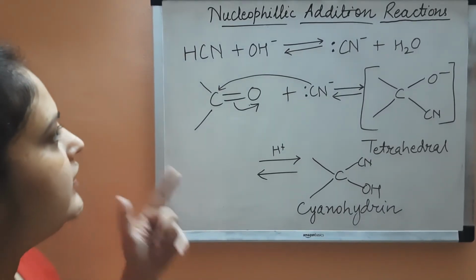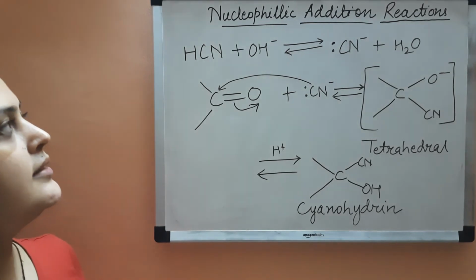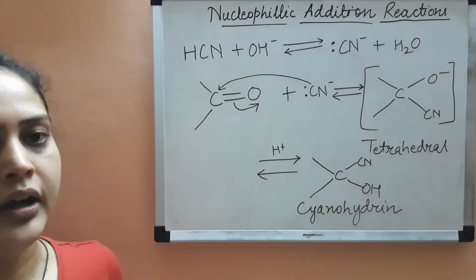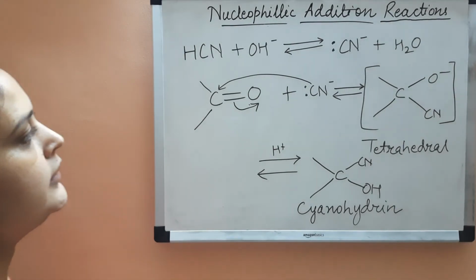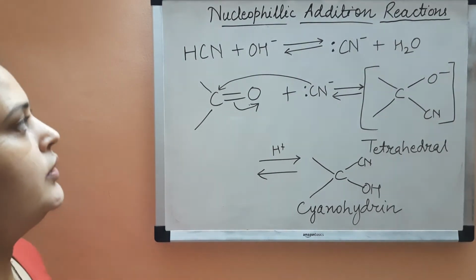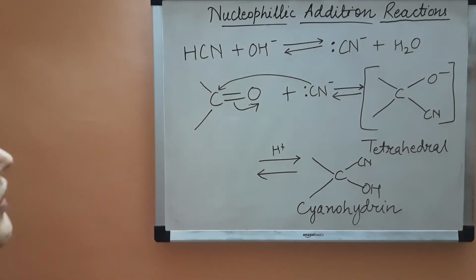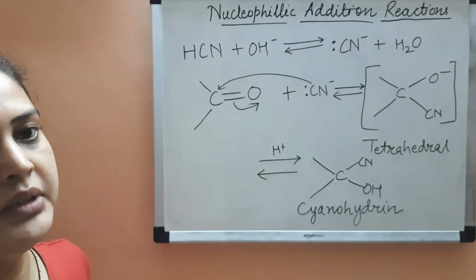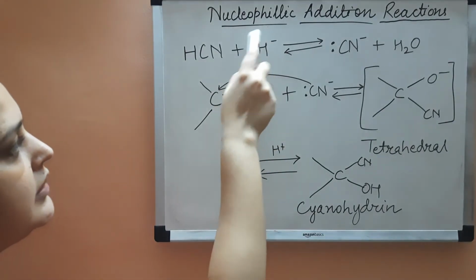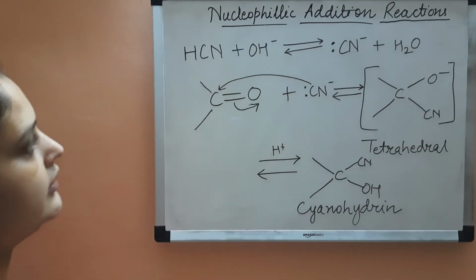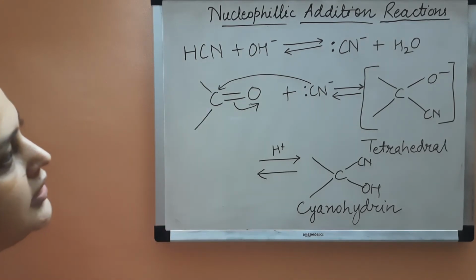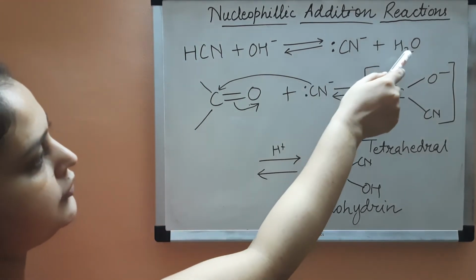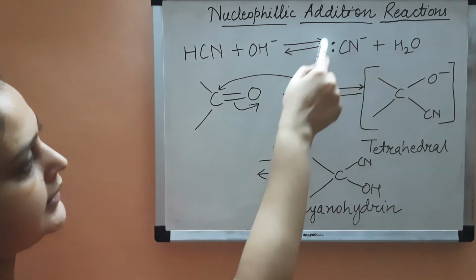The first example of nucleophilic addition reaction is the addition of hydrogen cyanide, HCN, to aldehydes and ketones. This reaction occurs in basic medium, which means it will have OH negative ion. The OH negative ion will abstract the H plus and form a water molecule and cyanide ion.